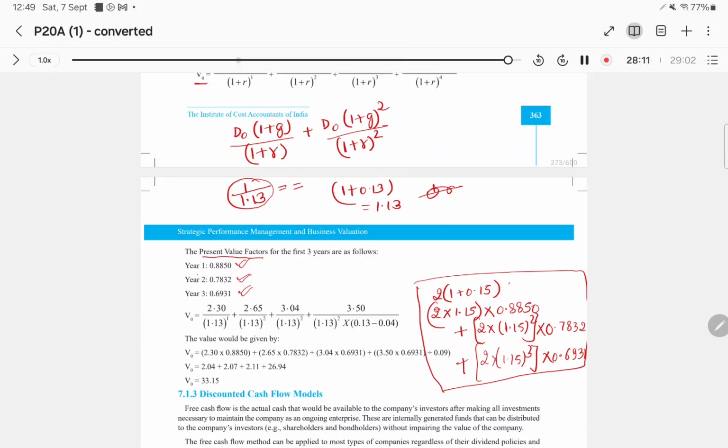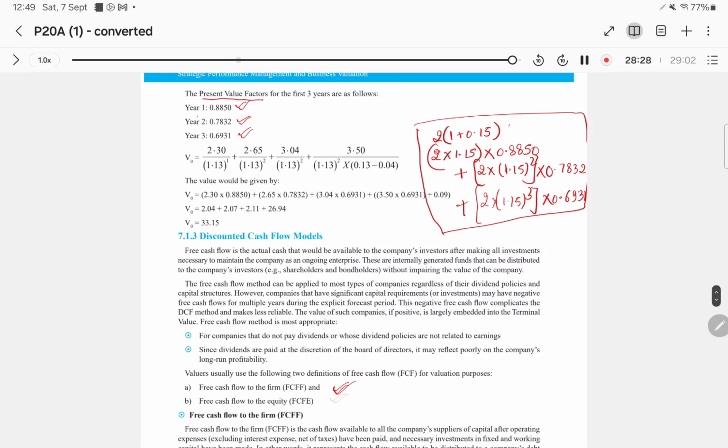I'll try to upload the second part as soon as possible so that it is easy for you to complete this chapter in one flow, because the more important parts start now, that is FCFF and FCFE calculation, which is a short question in the examination. So I want a separate video for this part, and I'll upload it as soon as possible so that you can complete this chapter in one go.